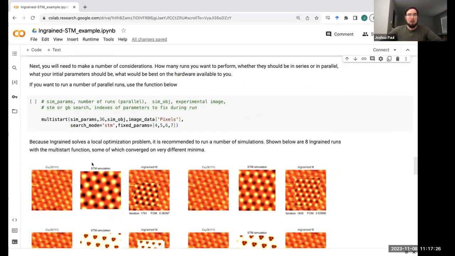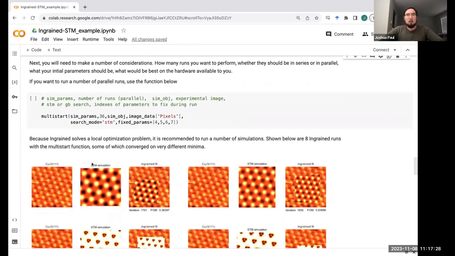So moving past that, after this, you'll need to consider what machine you run, what resources you have, those sorts of things. The big one is whether you want to run your calculations in series because you only have access to a few cores, or in parallel because you have access to many cores.